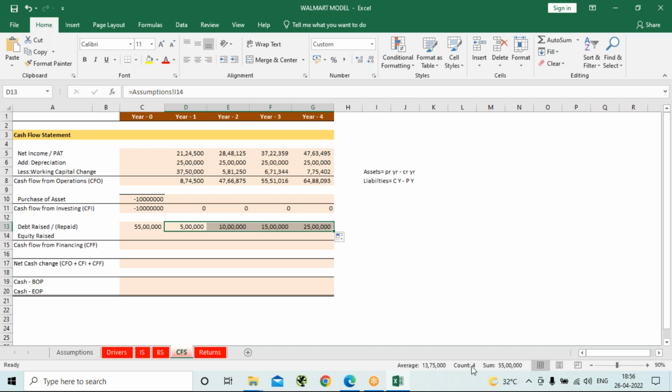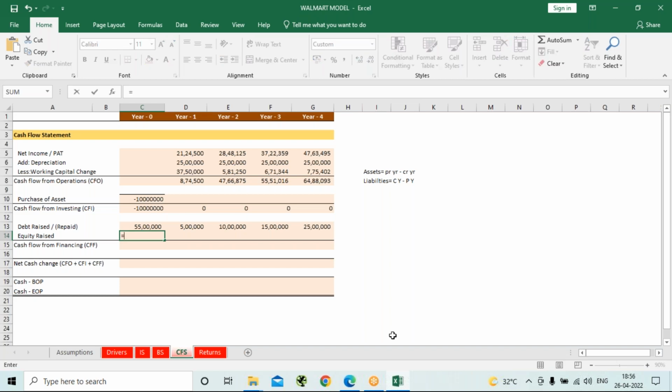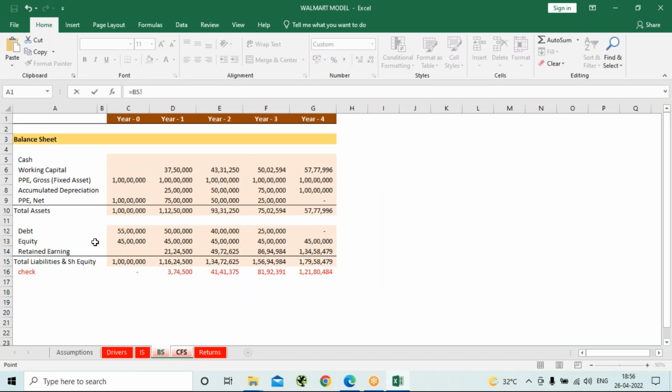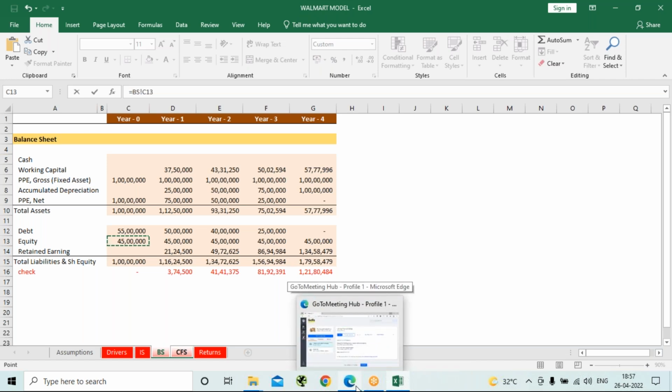The next thing is equity raised. Here the equity was 45%. If you go to the balance sheet, the equity value is there.